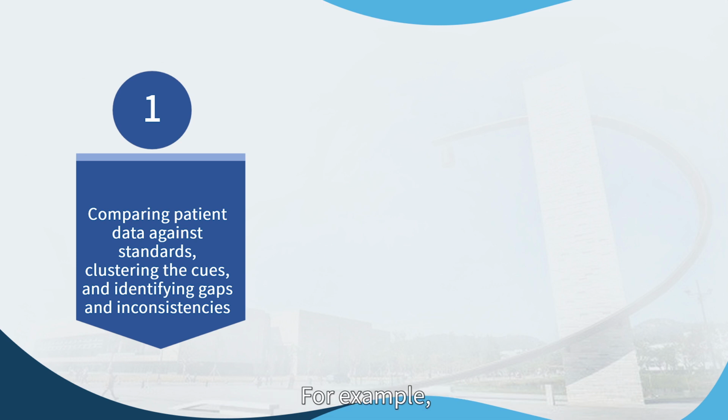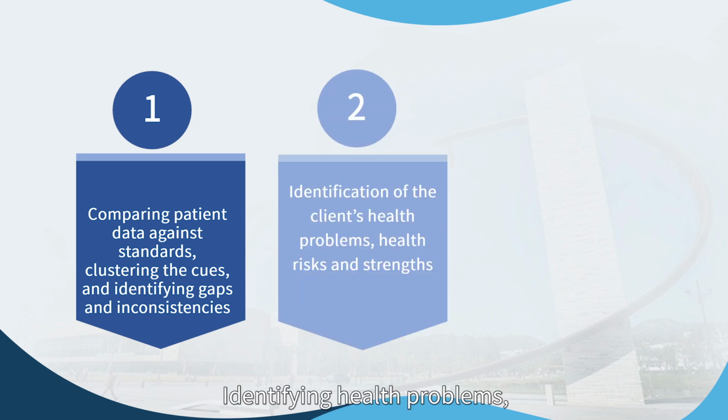For example, a child is 17 months old. The parents state the child has not yet attempted to speak. You may think about the developmental delay because you know developmental stages and children usually speak their first word by 10 to 12 months of age. Identifying health problems, risks, and stress.